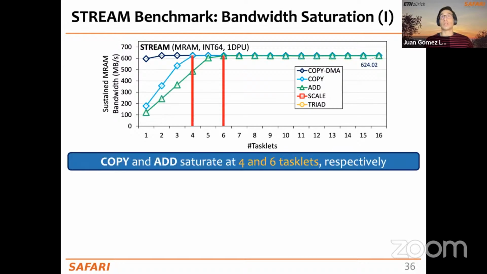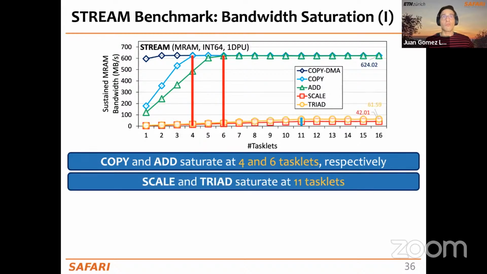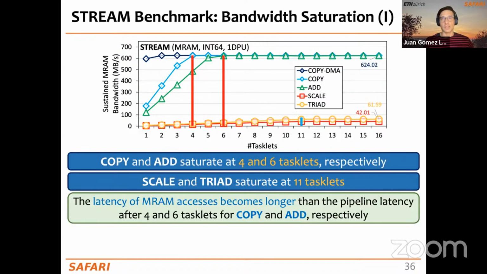Now we can take a look at the bandwidth for copy and add, and what we observe here is that the bandwidth for copy and add saturates at 4 and 6 tasklets respectively. However, for scale and triad, the saturation point is at 11 tasklets.